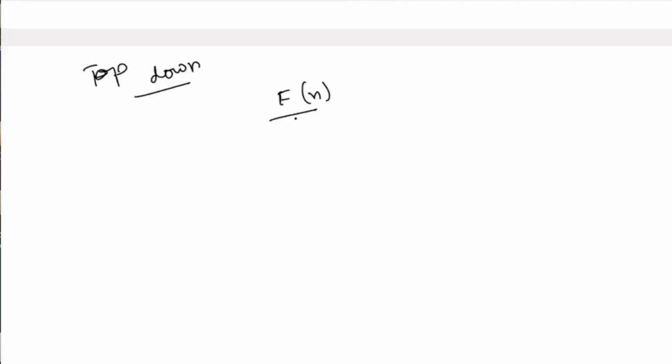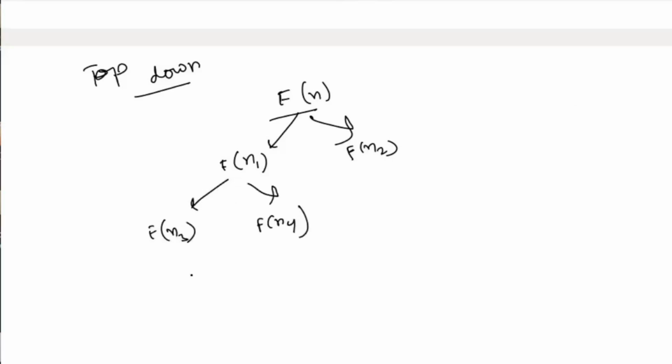Now you break it into problems of some smaller size, less than n. You break it into two or some more problems, then you further break them, and then finally you get to some base cases, like f1, f0.